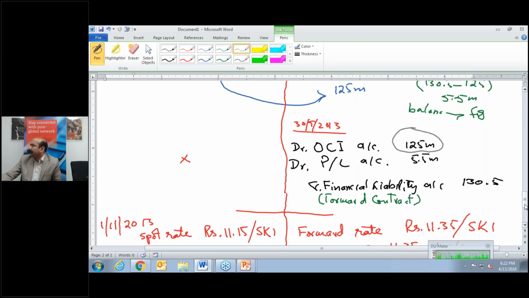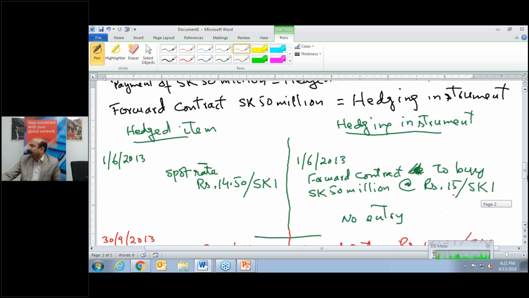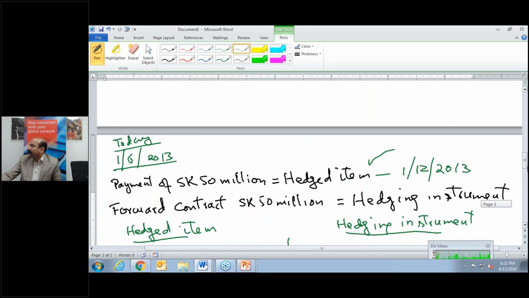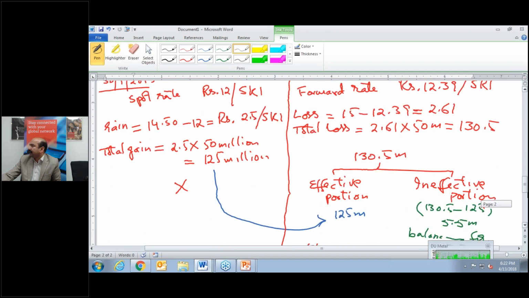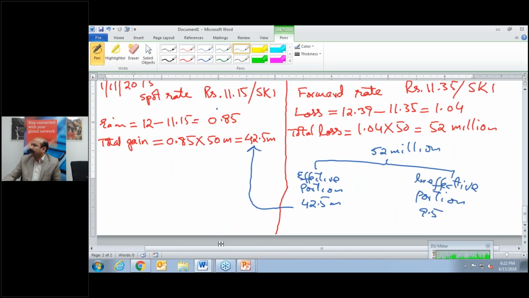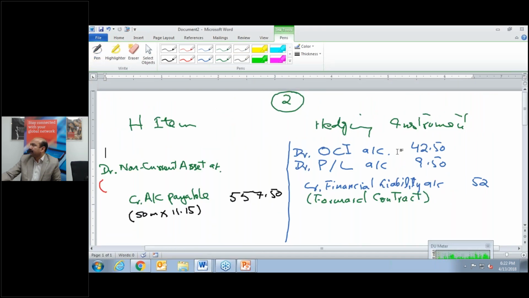Please remember it, 125. And another amount which we transferred to OCI is, yes, here on the next page. 125 on this page, and on the next page we transferred 42.5.